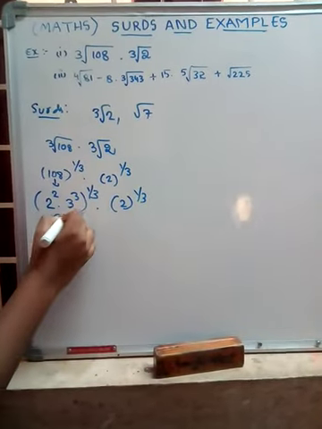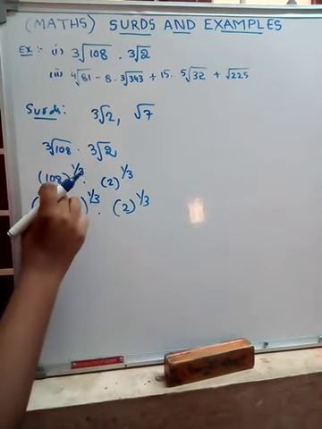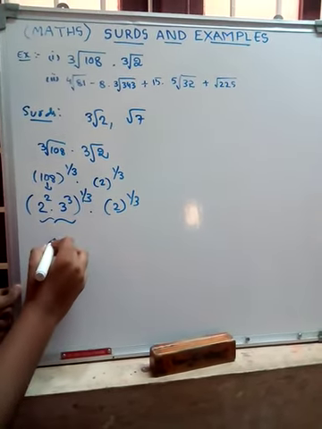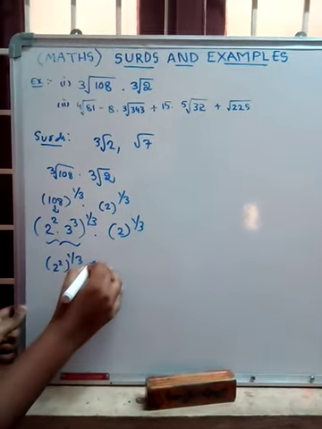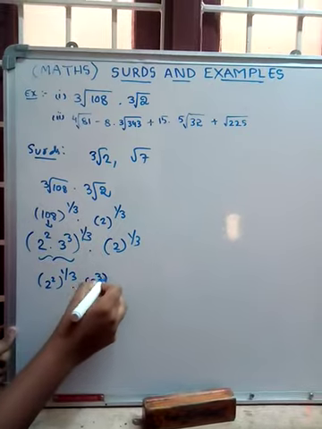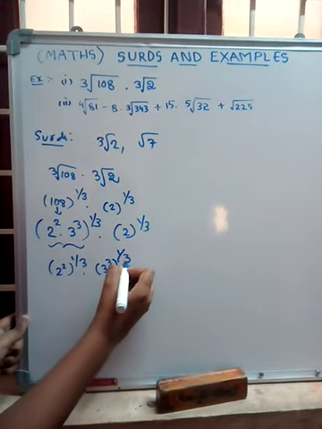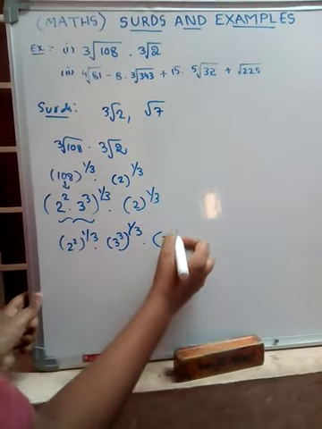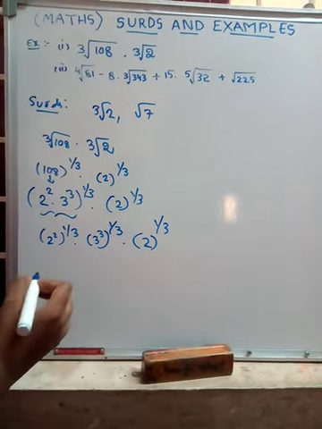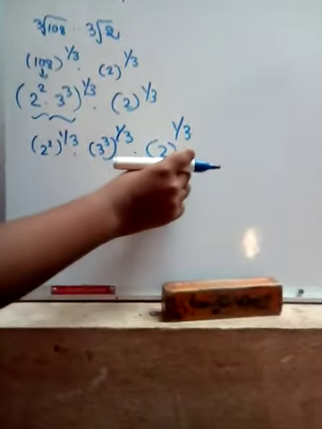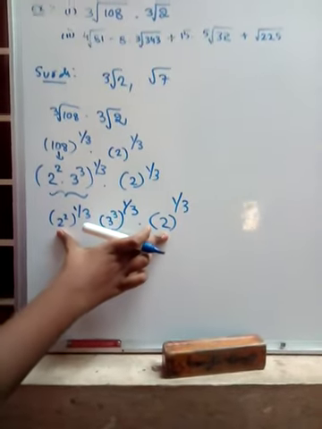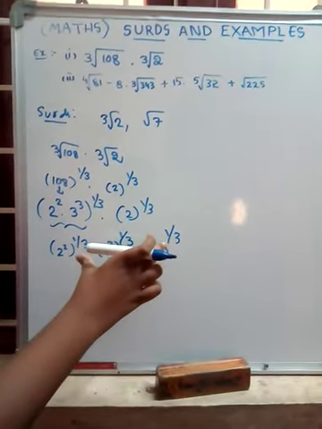Now multiply individual terms, that is 2 square whole power 1 by 3 into 3 cube whole power 1 by 3 into 2 power 1 by 3. Here the 2 base is the same, and here also the base is the same. So if bases are the same, powers should be added.